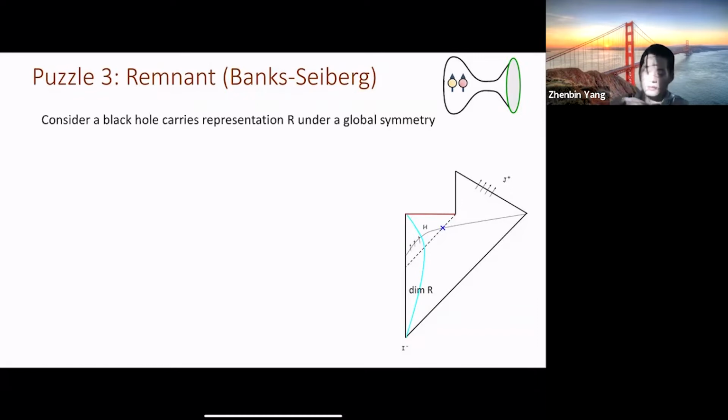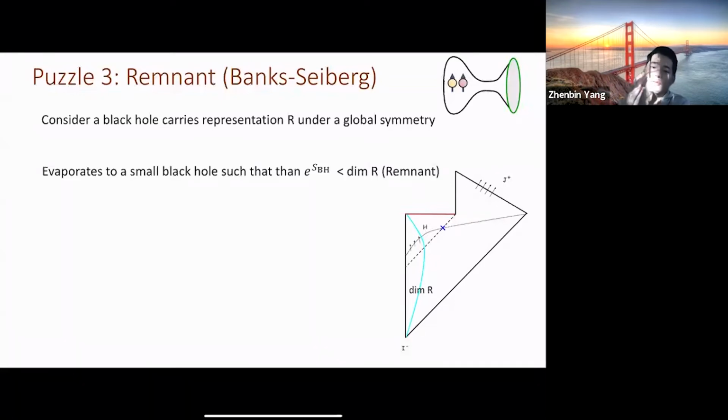For simplicity, let me assume that this global symmetry is non-abelian, so that the dimension of the representation is non-trivial. Now you consider an evaporation process to a small black hole, such that the Bekenstein-Hawking entropy of the black hole is smaller than log of dim R, where R is the representation. In other words, you form a remnant.